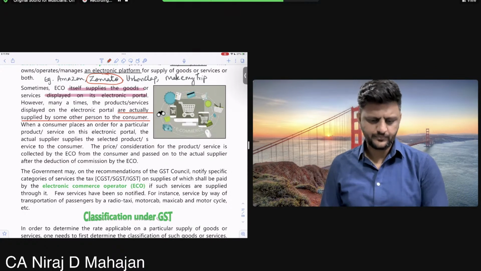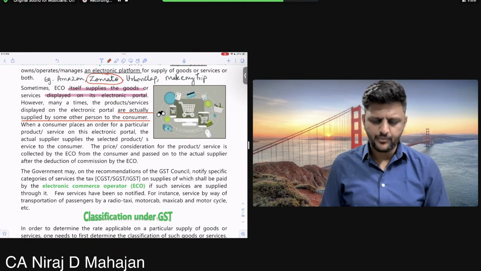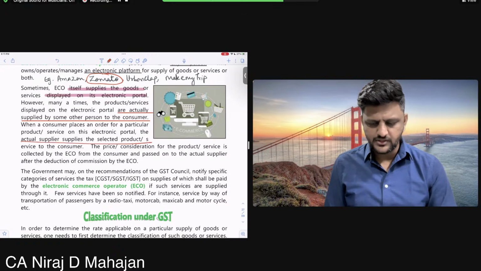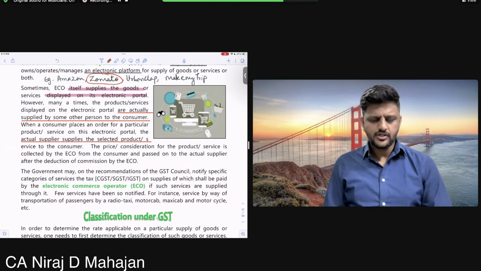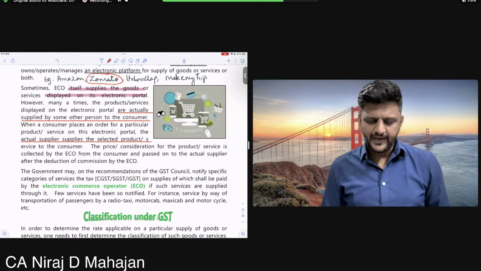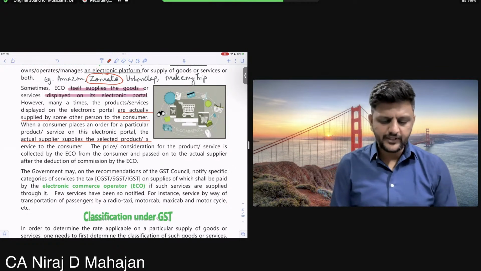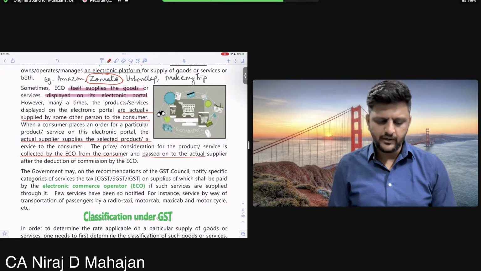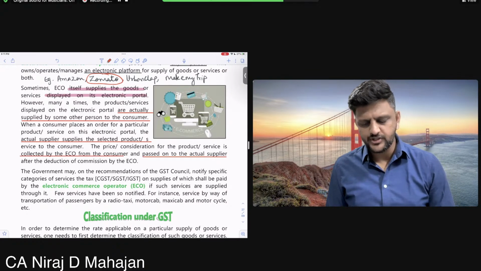So when a consumer places an order for a particular product or service on this electronic portal, the actual supplier supplies the selected product or service to the consumer. The price or consideration is collected by the ECO from the consumer and passed on to the actual supplier after the deduction of commission by the ECO.